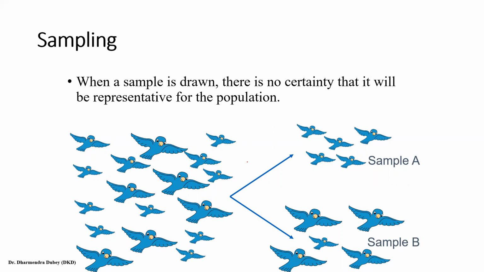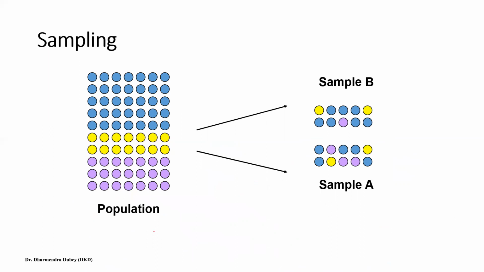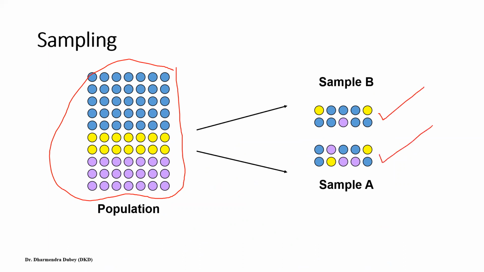Like if you see, this is our study population. Out of them, we are drawing sample A and sample B. Likewise, suppose this is our population, the whole group, and out of this population we are selecting samples, so sample B and sample A. So there is a variation in the sampling, in which one is going to be selected in your sample.